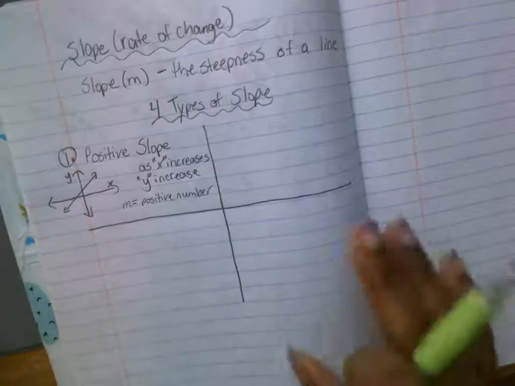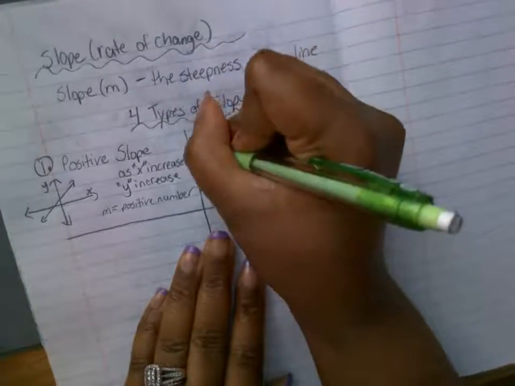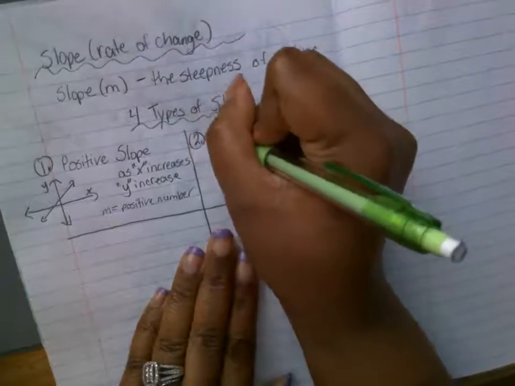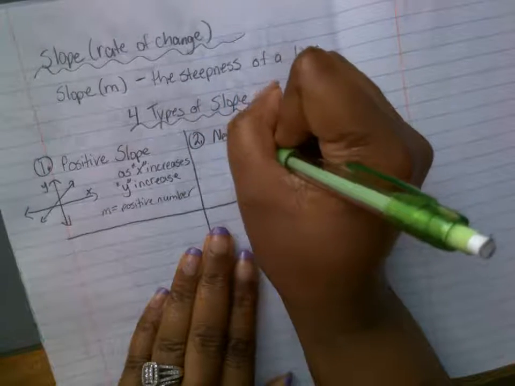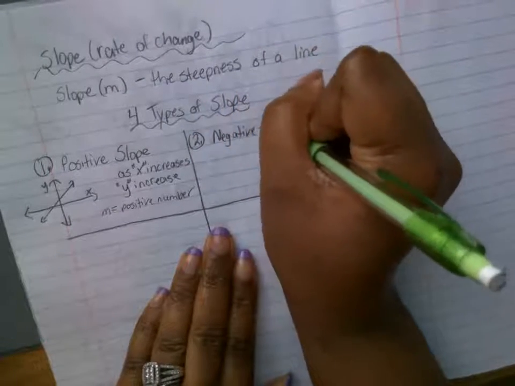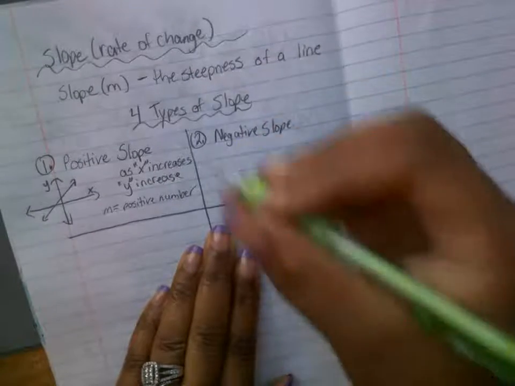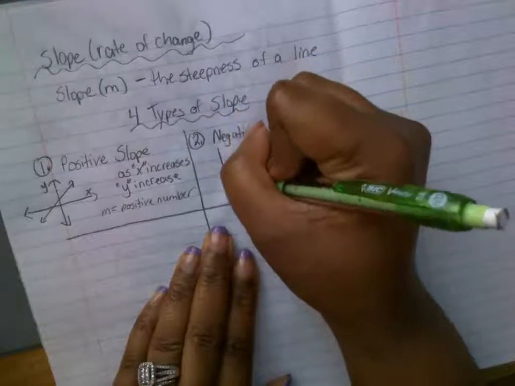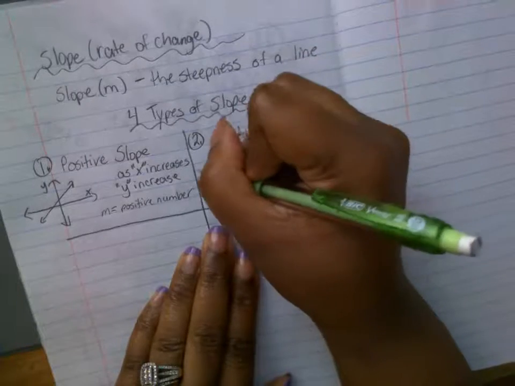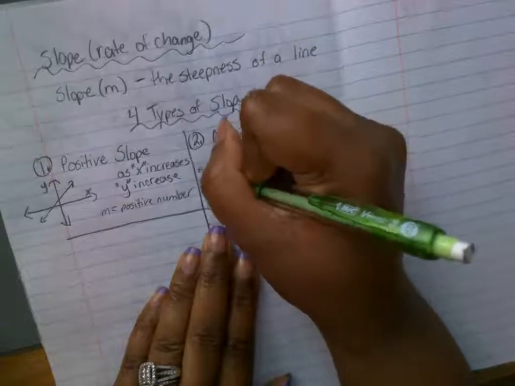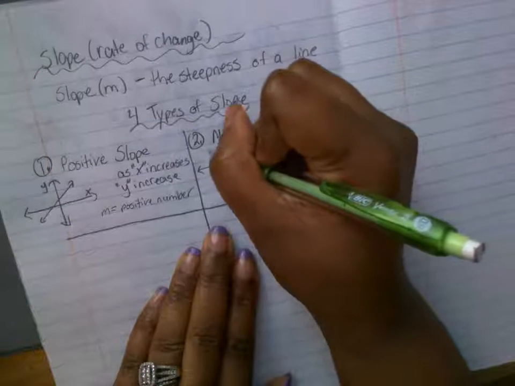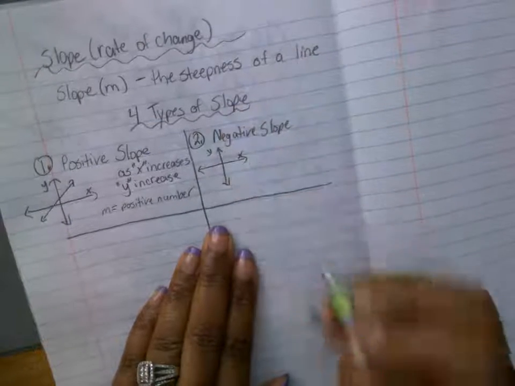The second type of slope is a negative slope. And this is what it looks like. I'm going to draw again my x and my y-axis, label my x-axis, then label my y-axis.